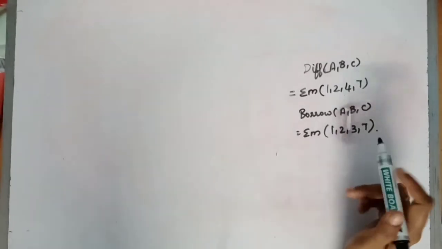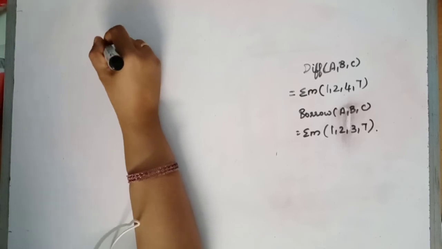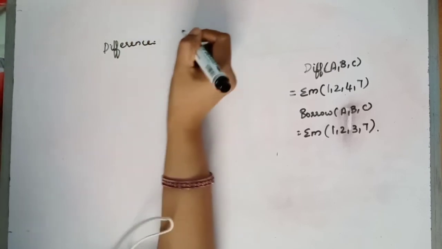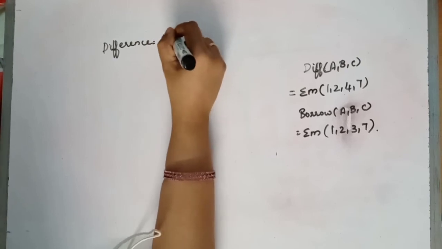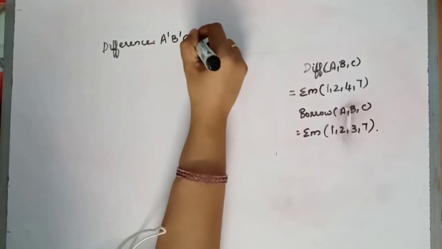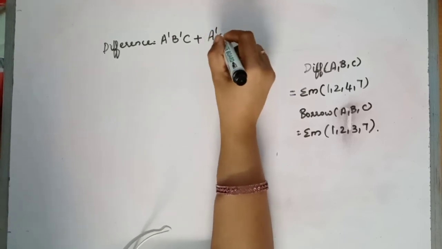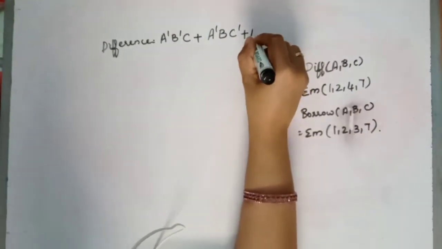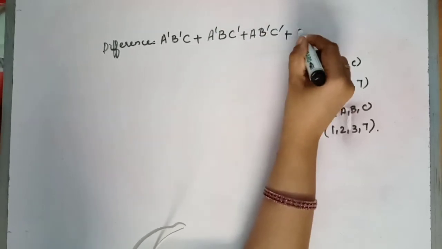Checking the other one also: 1 is 0, 0, 1, so that is A bar B bar C, plus 2 is 0, 1, 0, A bar B C bar, plus 4 is 1, 0, 0 and 1, 1, 1.